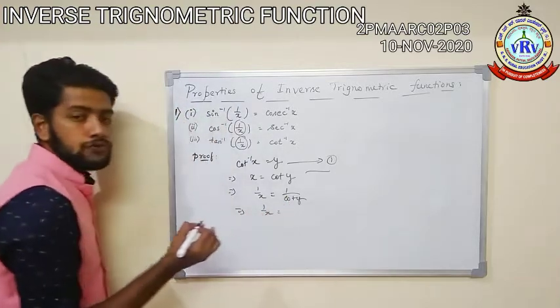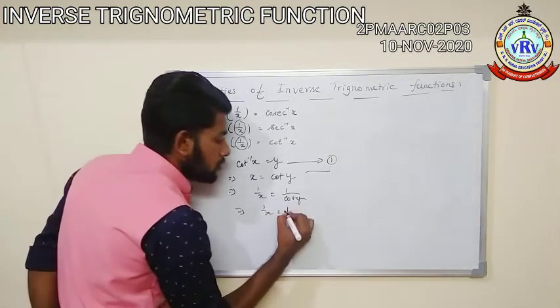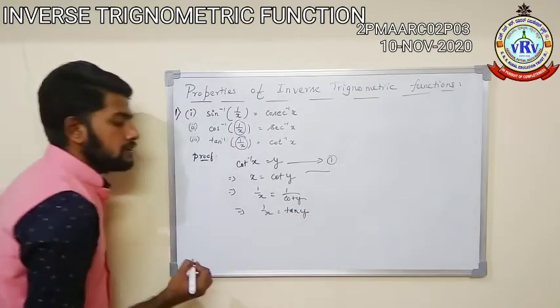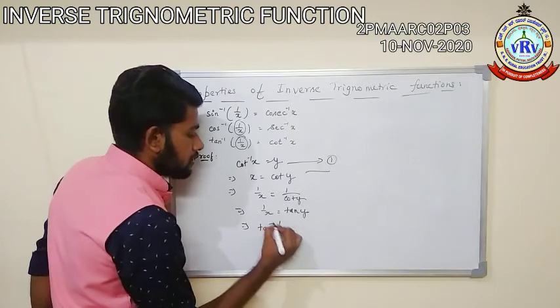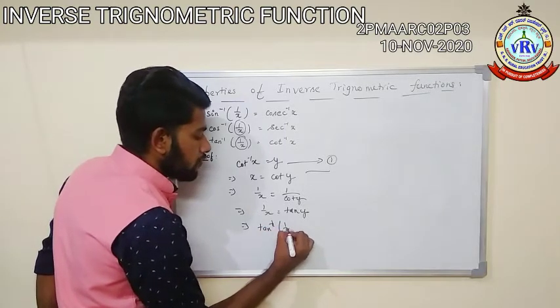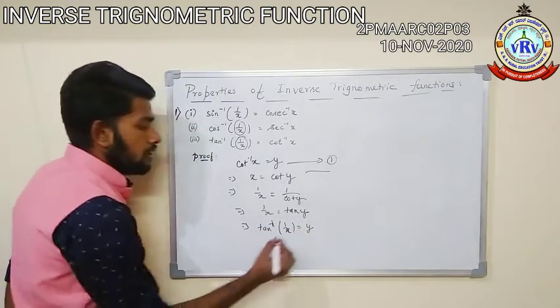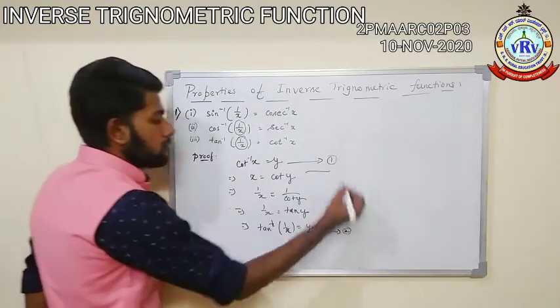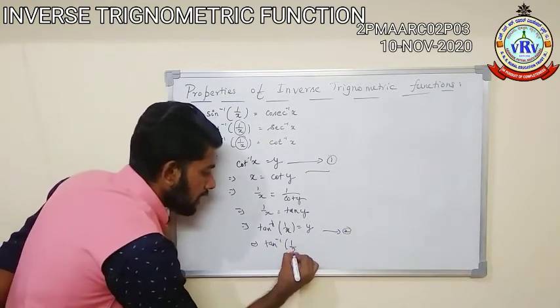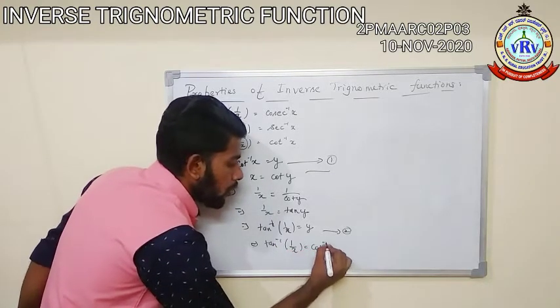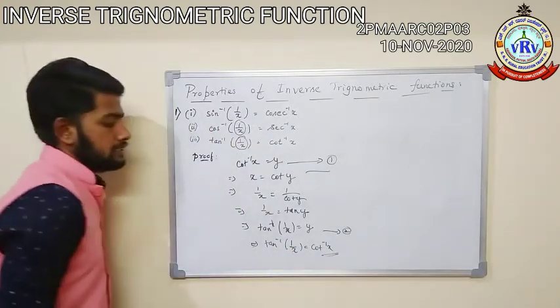The reciprocal of cot y is equal to tan y. Therefore, if we shift the function, it becomes tan inverse of 1 by x is equal to y. Take this as equation number 2. From 1 and 2, tan inverse of 1 by x is equal to cot inverse of x.